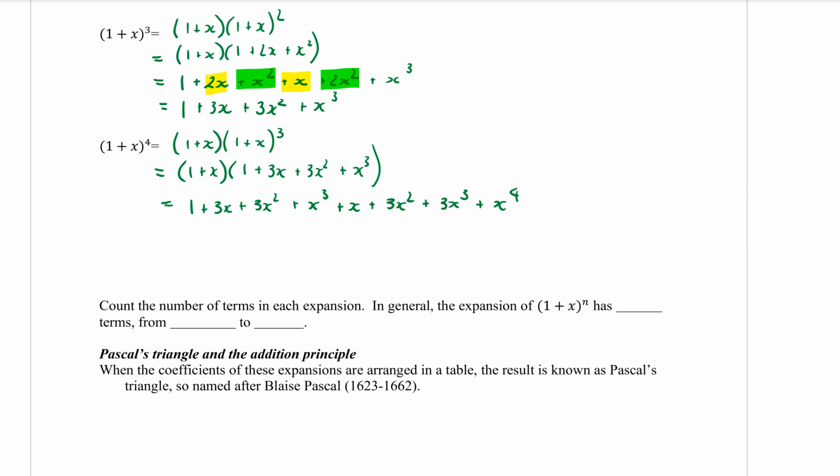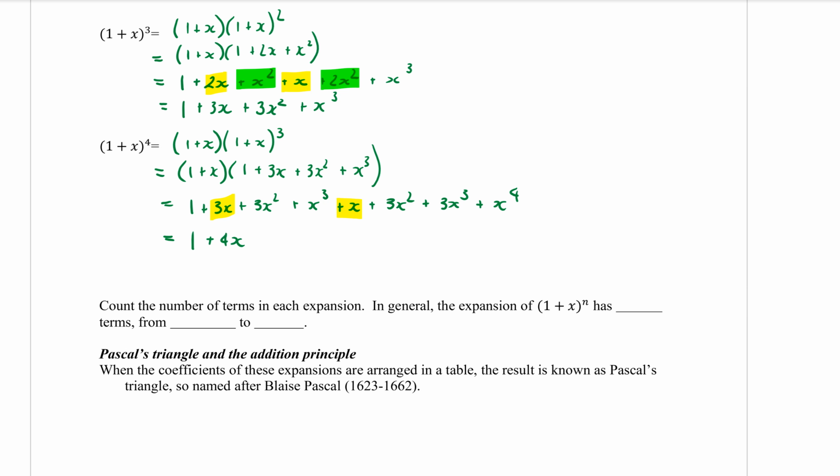Now my increasing powers of x, starting with the 1 at the beginning. I have 3x plus x, which will make 4x.